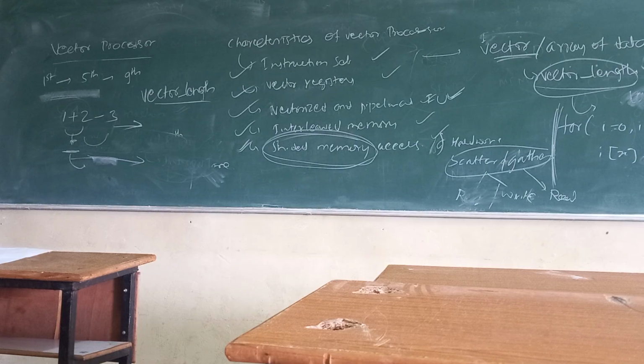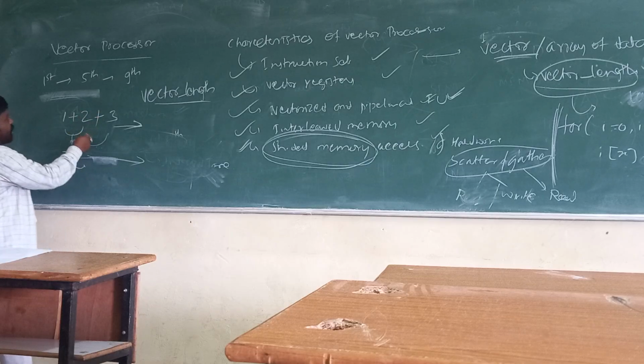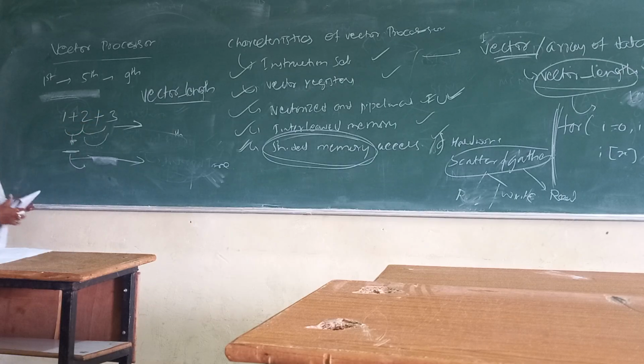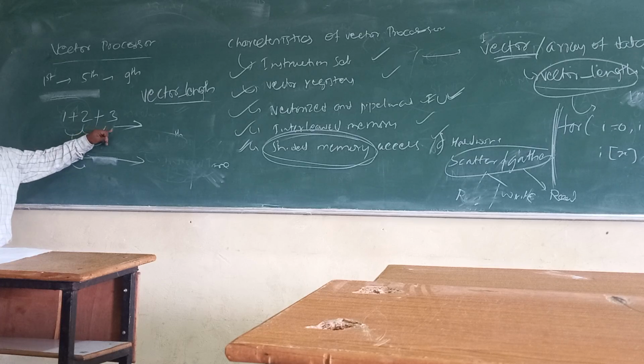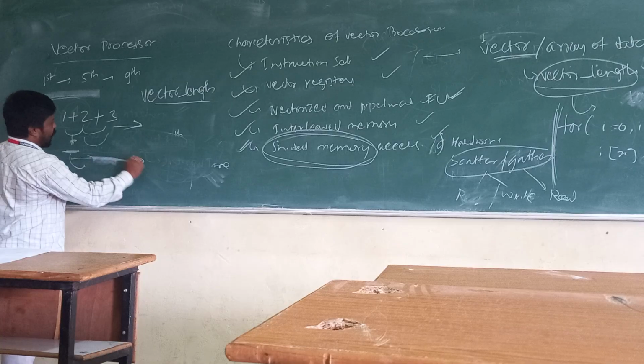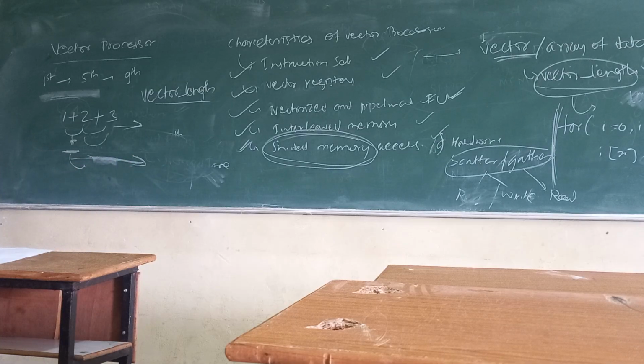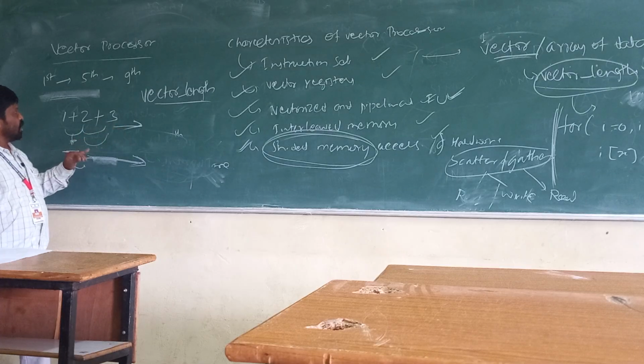Here 1 plus 2 is added, and next we perform the same operation, 2 plus 3. After performing the addition between these two elements, then only we go for the third element. Vectorized means it performs the first, then goes for the second, then the third and fourth element.